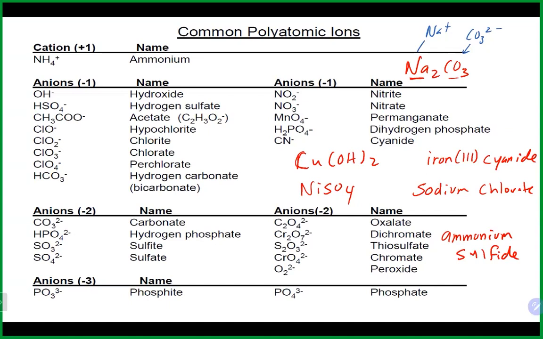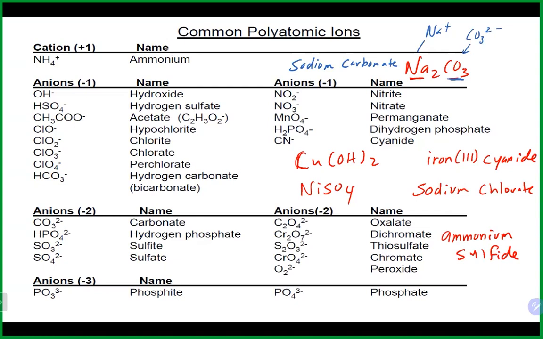We'll use the whole name of the metal, sodium, and the whole name of the polyatomic ion, carbonate. Just like with type 1, the 2 sodiums have no effect on the naming. Any questions on that one?